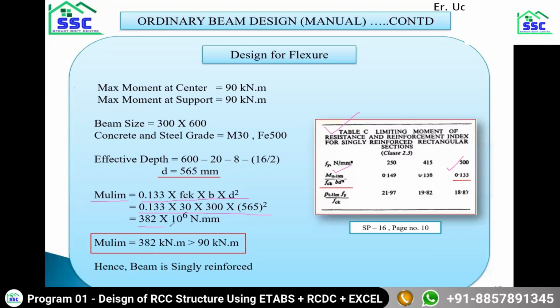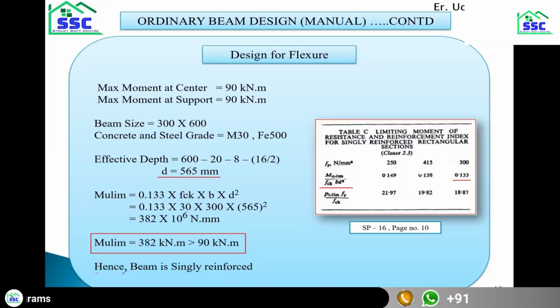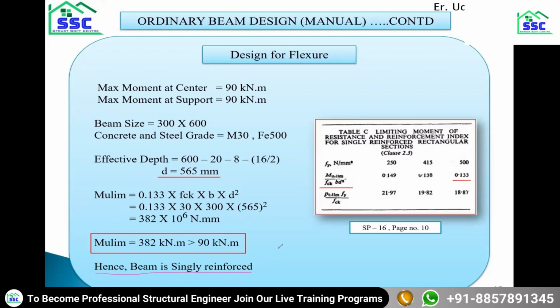If you perform this calculation, the Mu limiting for our beam is 382 into 10 raised to 6 Newton mm, or you can say 382 kilonewton meter, which is very high as compared to our design bending moment, which is nothing but 90 kilonewton meter. So our Mu limiting is very high, and that is why we can conclude that our beam shall be designed as a singly reinforced beam, right?